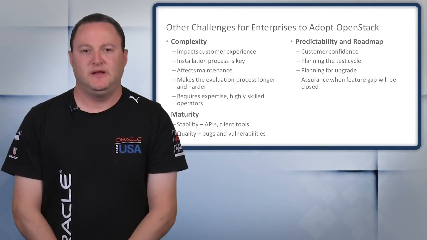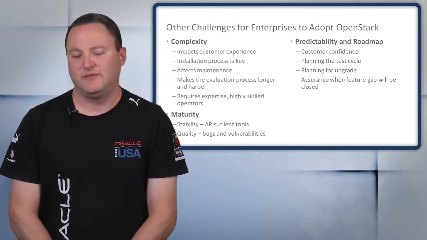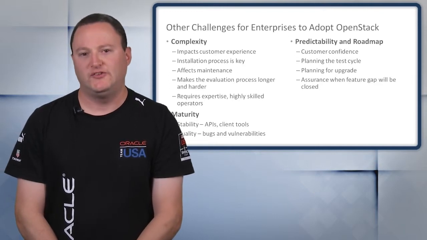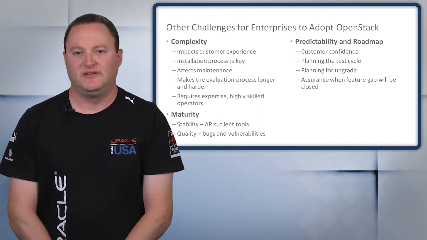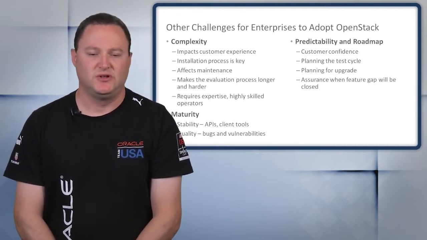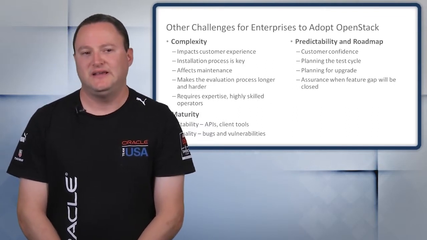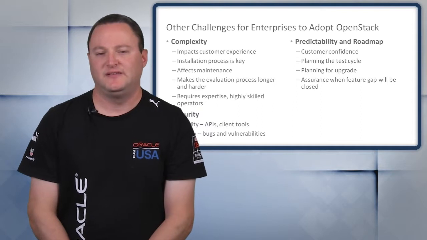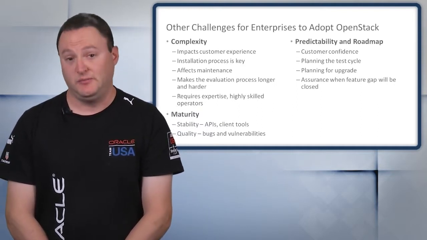There are some other barriers which are not technical per se, or some of them are technical, and more project management type things that we believe are making it more challenging to adopt OpenStack. And complexity. Complexity has many facets to it. OpenStack is complex today, more than it should be, more than we want it to be.